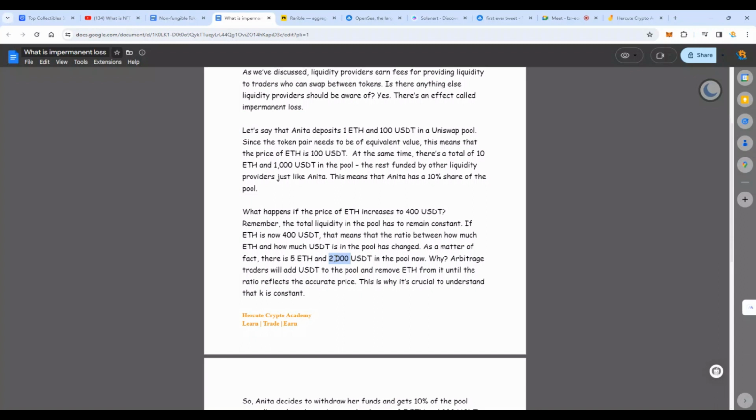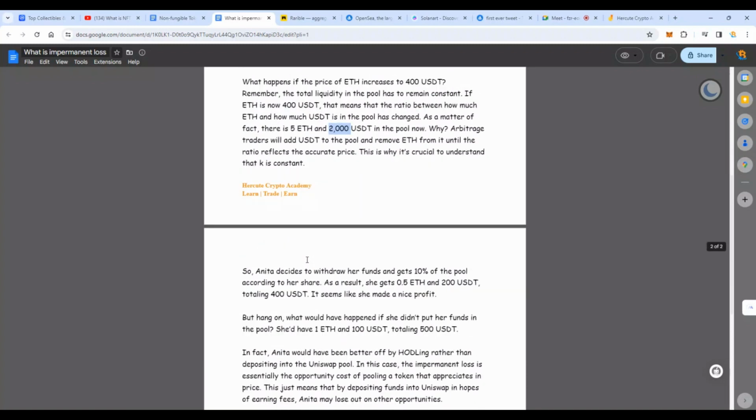And out of the 5 Ethereums, what is 10% of 5? She's going to get 0.5 Ethereum. Is it 0.5? Or is she supposed to get 1, right?